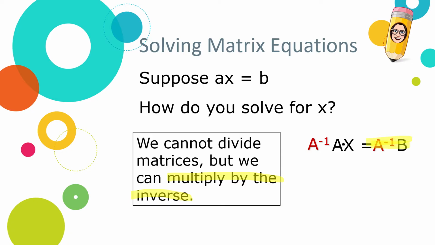The order in which you multiply matters, so the inverse needs to be in the front. When you multiply anything by its inverse, we've undone the operation. That's how we canceled. That's how we isolated the x. And we've created a multiplication problem that will get us our solution.